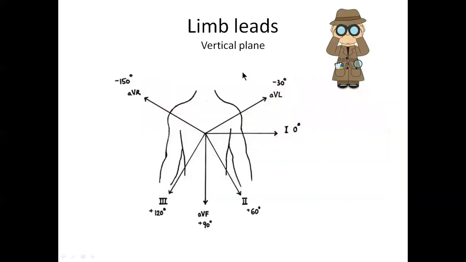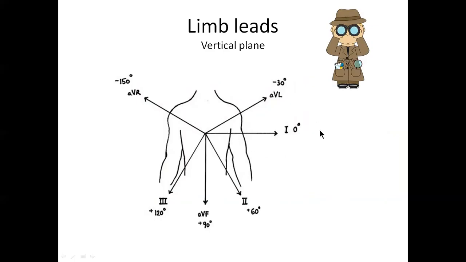Now let's understand what these limb leads do. They are actually looking at the heart in the vertical plane. I want you to imagine they are like detectives that we have placed in different parts of the body, and they are all looking at the heart.